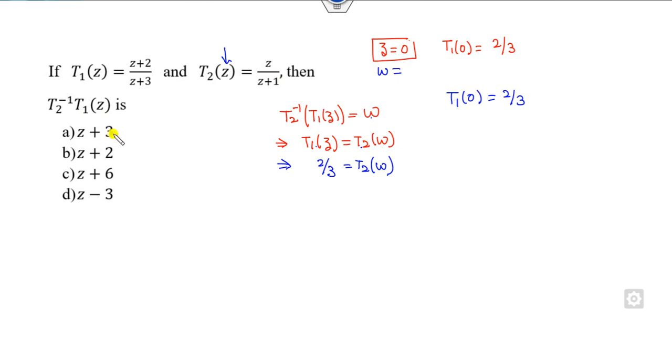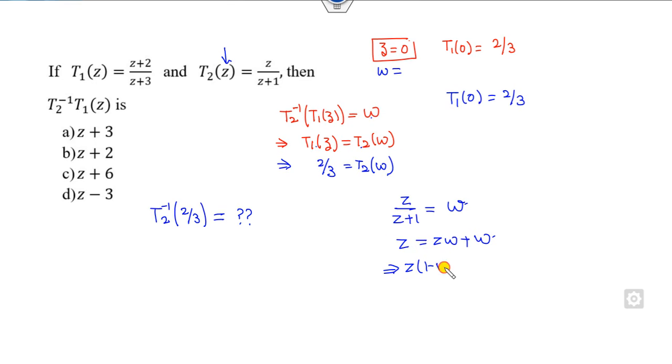Fine. Okay. If t1 is 0, then we need t2 inverse of 2 by 3. This is the target we have to find. Now what is the t2 inverse of this? If I take this as my w, can you find the value of z from here? This comes to be 1 minus w. So this is my t2 inverse.